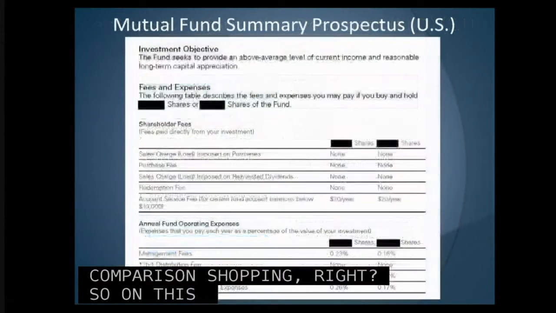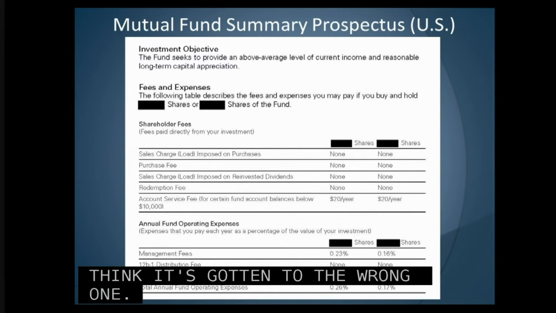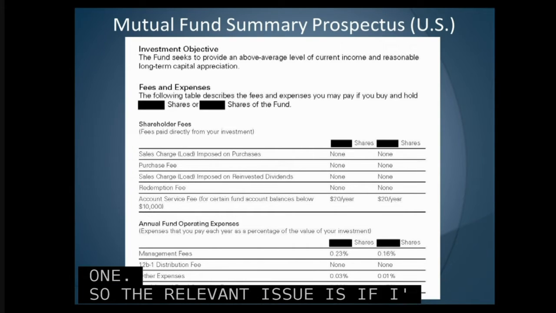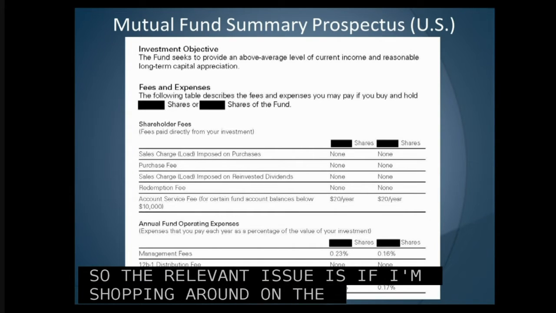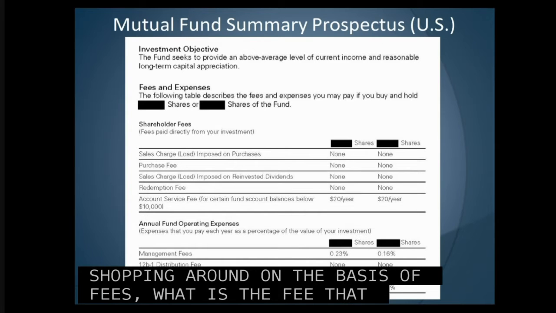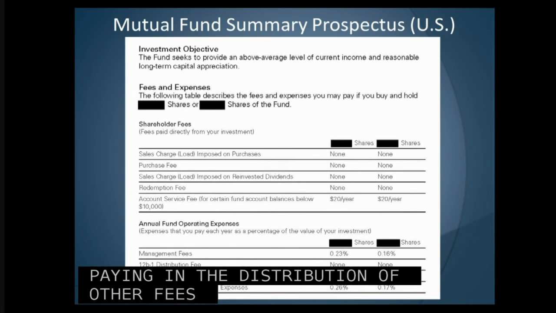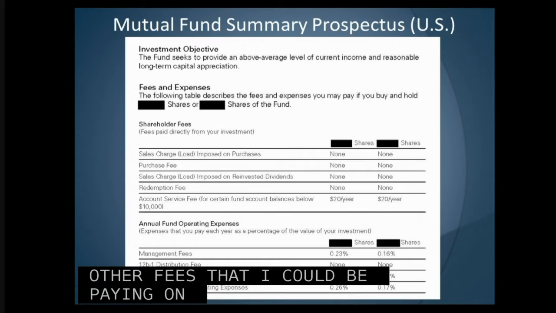That's the fee table. The relevant issue is, if I'm shopping around on the basis of fees, what's the fee that I'm paying in the distribution of other fees that I could be paying on a similar product? That's how I would make a comparison.